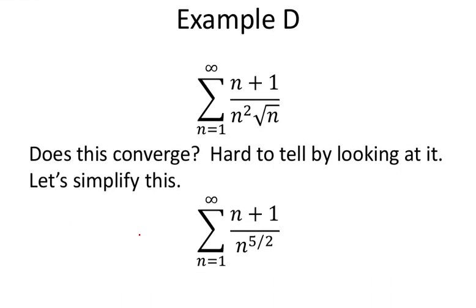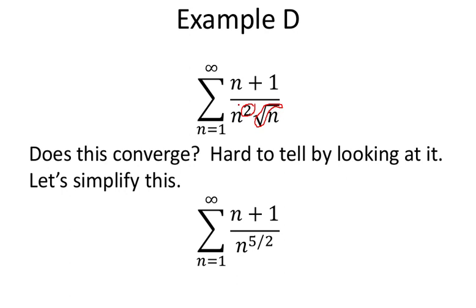Would this converge? This would require some simplification to make it a little bit clearer, because we have mixed terms here. We have an exponent here, and we have an exponent here using the more antiquated symbols.